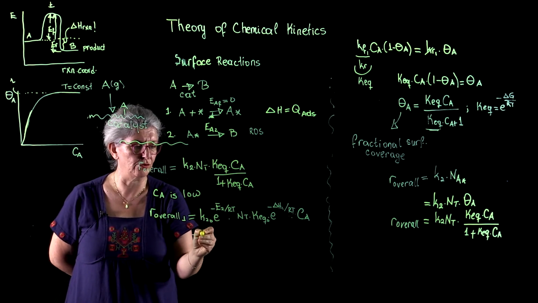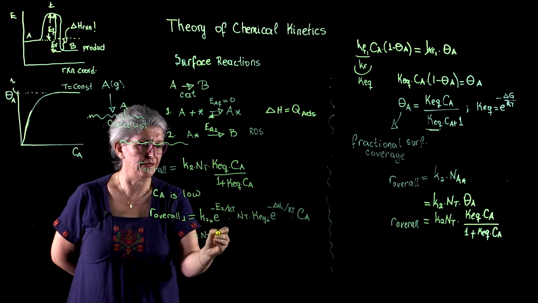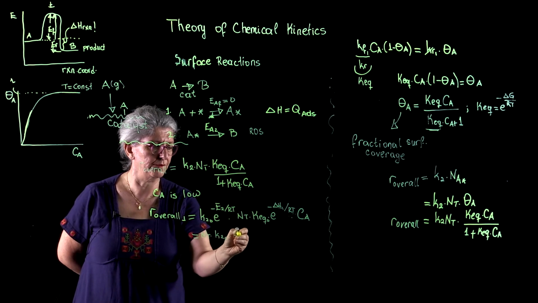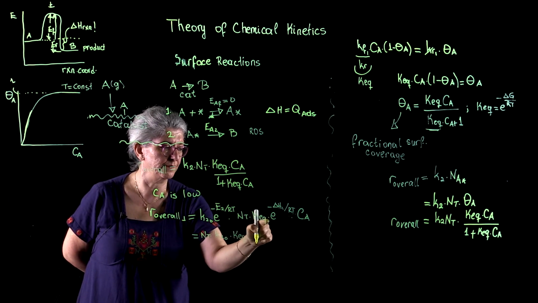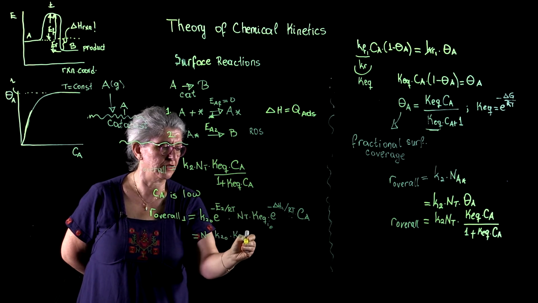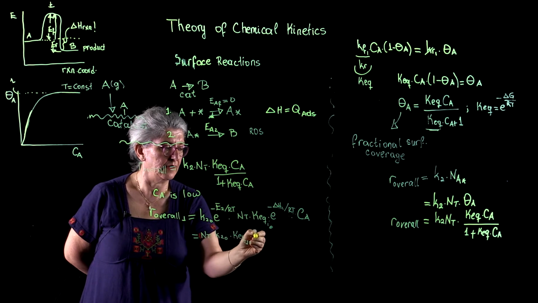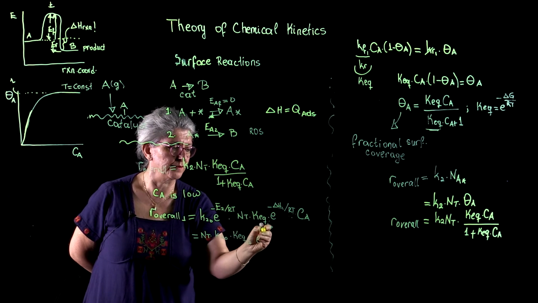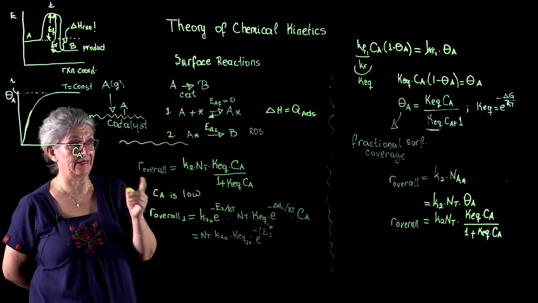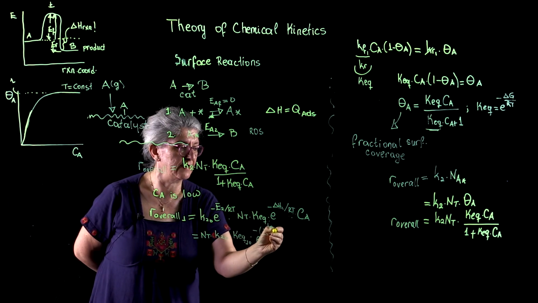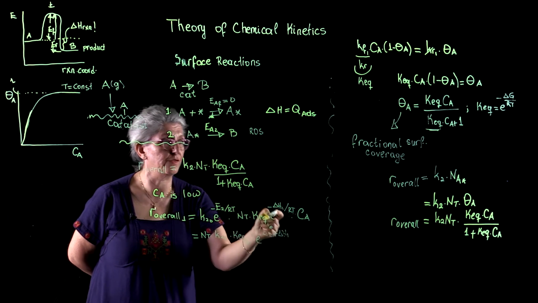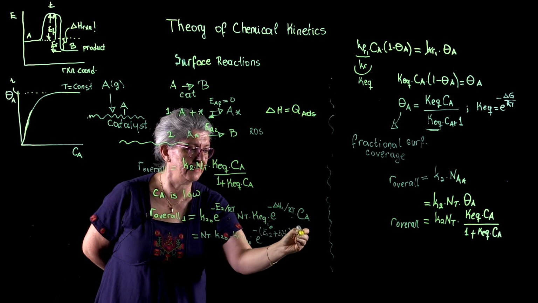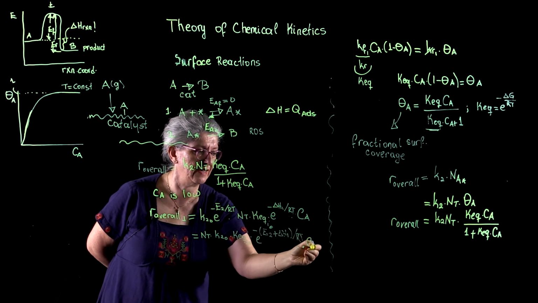That is going to be N total times k20, then times K equilibrium 0, the equilibrium constant of the first reaction, 0, times e to the minus E2, activation energy of the second step, plus delta H1, heat of adsorption of molecule A on the surface, divided by RT, times C_A.